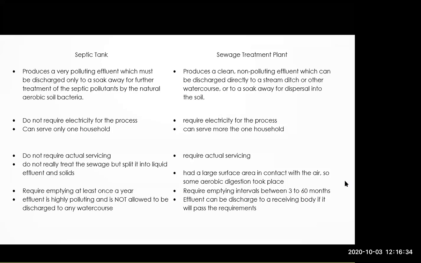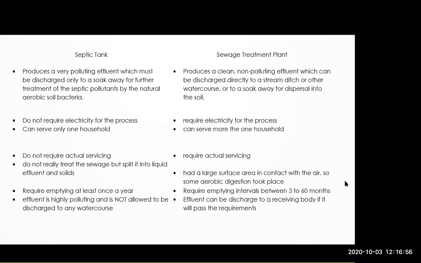So, there should be manpower to ensure that your wastewater treatment or sewage treatment facility is really working. And then it has to have a large surface area in contact with the air, so some aerobic digestion will take place.